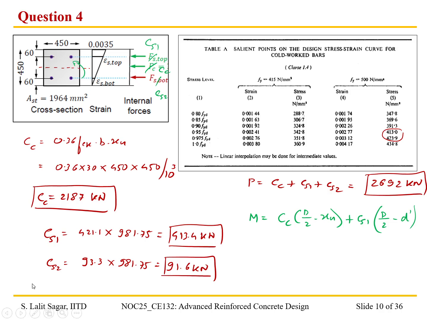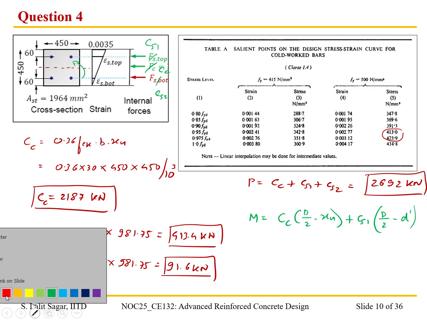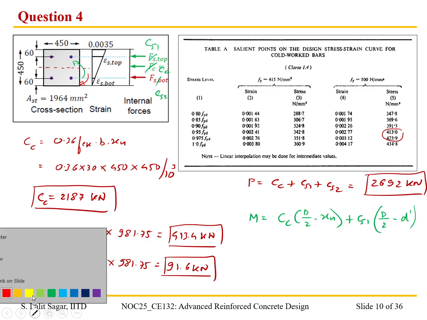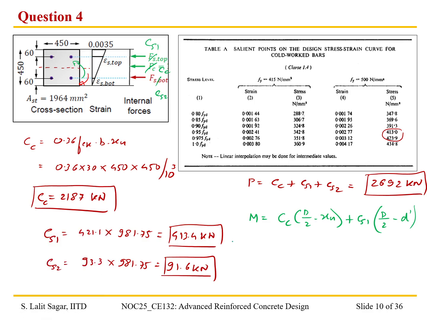I'll take the red color to highlight that. So while you need to add up the moment due to Cc and Cs1, you need to subtract the moment due to Cs2, taking moment about the mid height, that is D by 2 minus D prime.